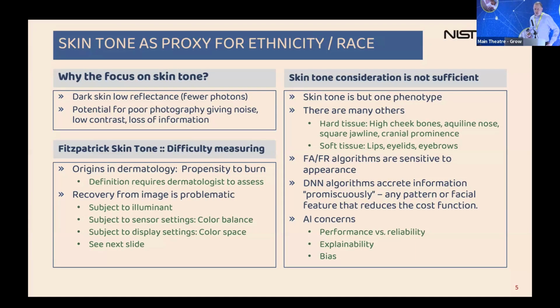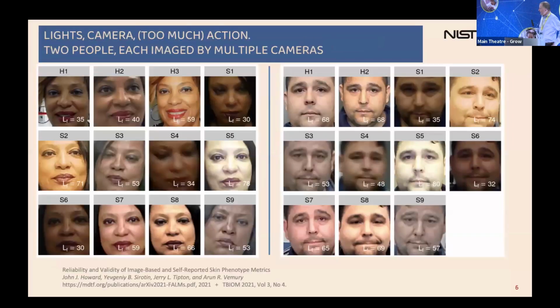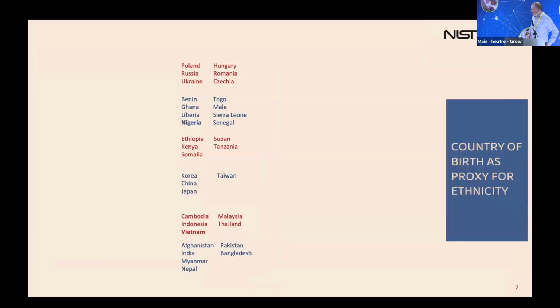To address this, we considered people of various national origins. These are people who are recorded in databases of immigration-related photos as being born in these countries, and the countries are selected to have little recent long-distance immigration. So if it says you're born in Vietnam, that's some indication of ethnicity.